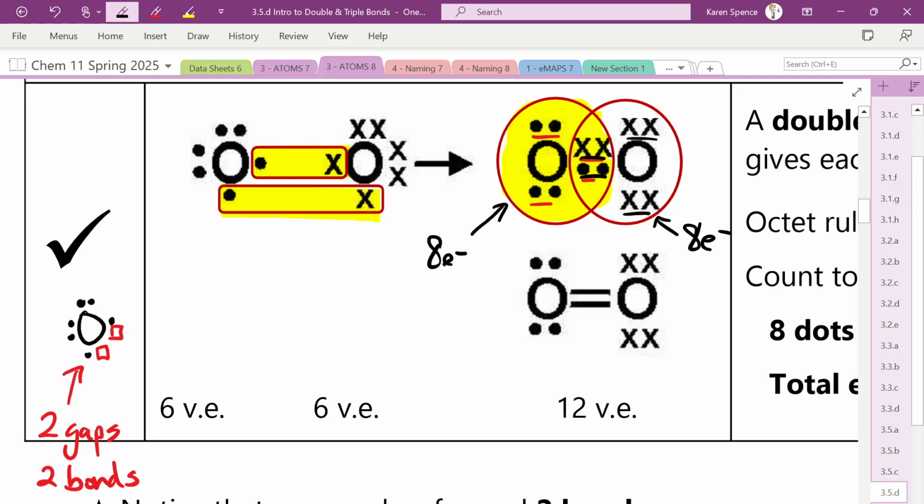I'm going to get rid of all that stuff that I've drawn on there because it makes it look messy and confusing. So we have 8 electrons and 8 electrons, but we still have 12 in total. So we have fixed our problem without adding extra electrons, which we are not allowed to do. We can replace the shared electrons with lines. So 2 lines is a double bond.